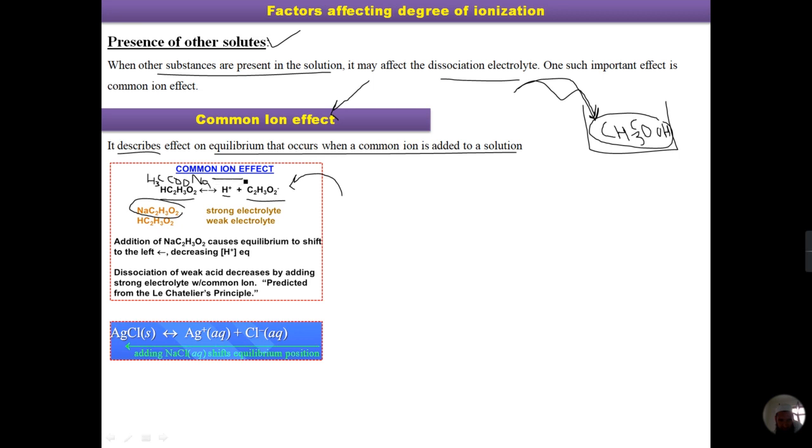That dissociates as per this equilibrium. It gives the acetate ion, the same ion, plus the sodium ion. So this is the acetate ion, CH3COO negative. Let me write down the acetate ion to remove the confusion. This is what is produced: the acetate ion, plus obviously the sodium ion.